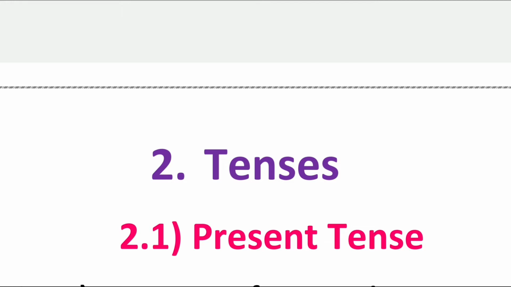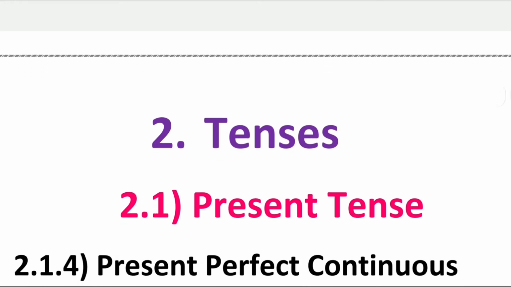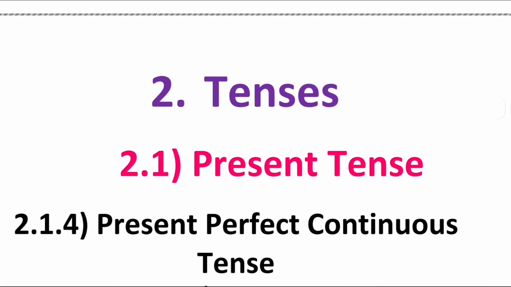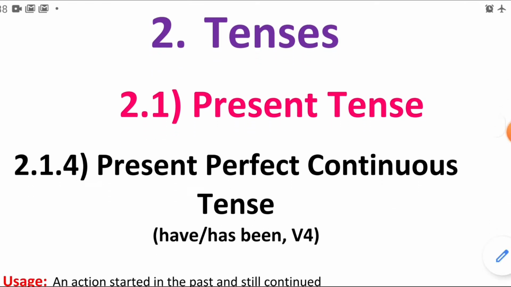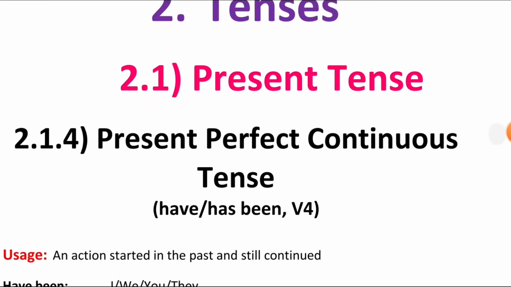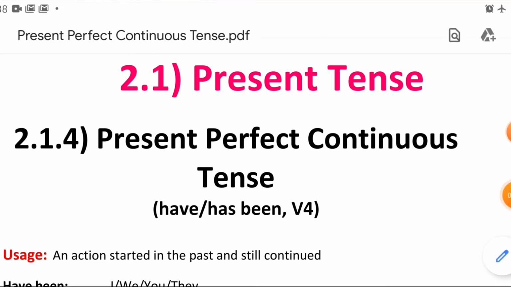Okay, so coming back to the point, in this series, we have been learning tenses, and today we are going to learn present perfect continuous tense. Okay, this tense is used for an action started in the past and still continued.